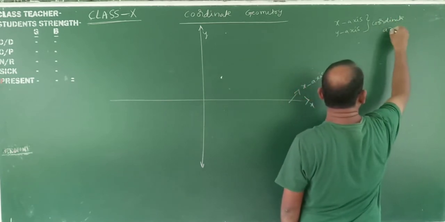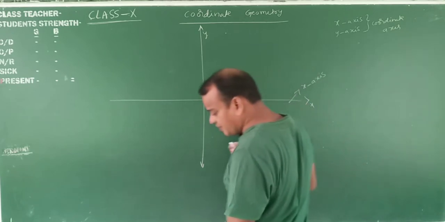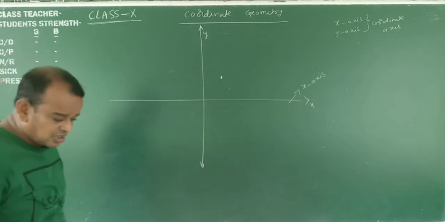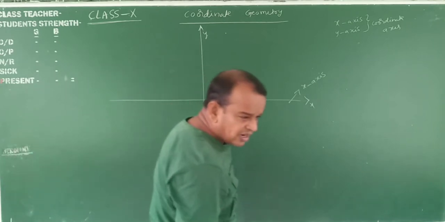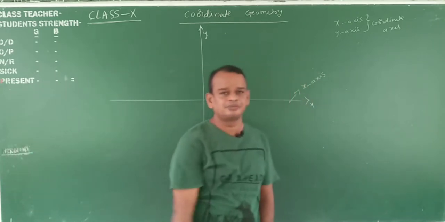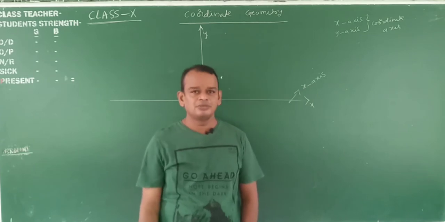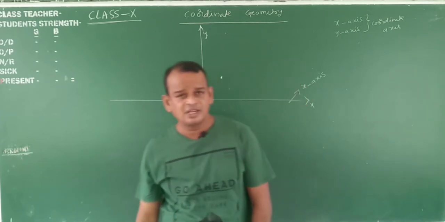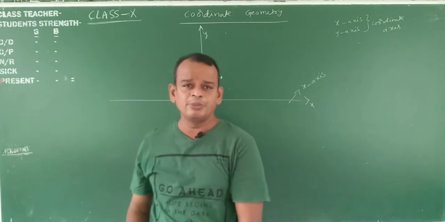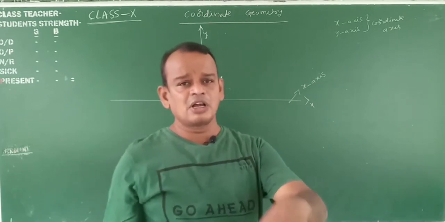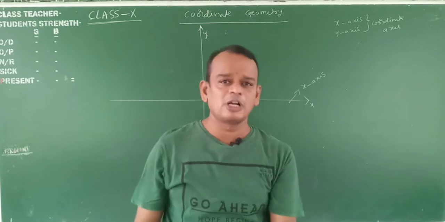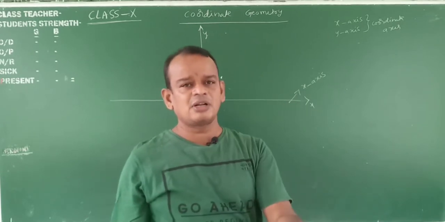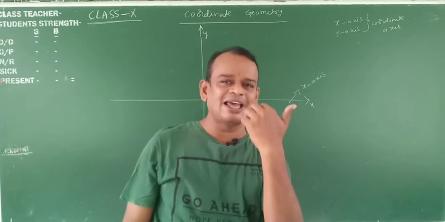Now we will repeatedly use this term, coordinate axes, must and should. In every problem in coordinate geometry, suppose (1, 2) is a point in the first quadrant, or (1, 3), (2, 5), whatever it may be. (1, 0) lies on the x-axis.